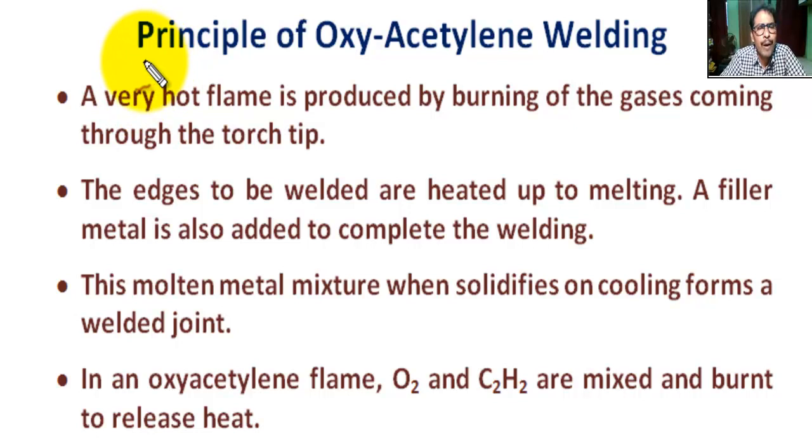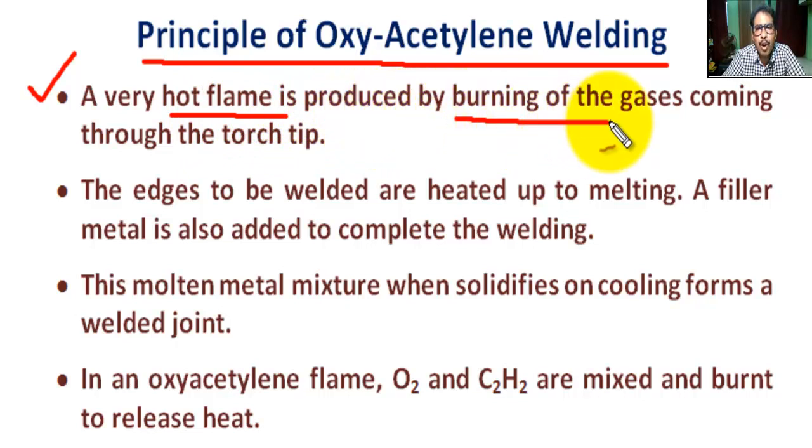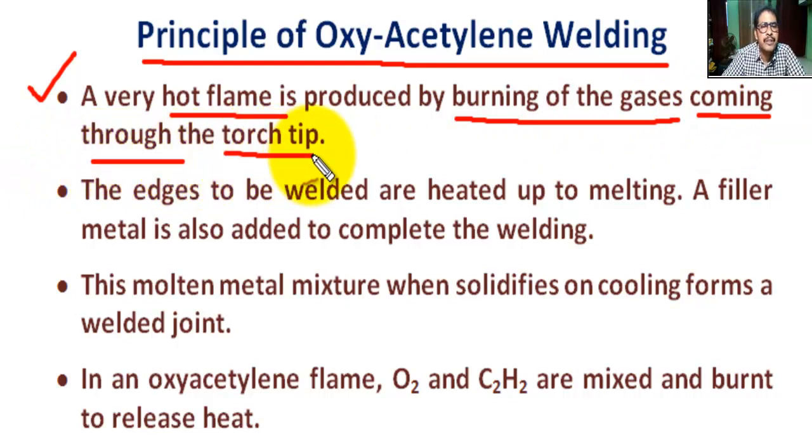Now, what is the principle of oxyacetylene gas welding? A very hot flame is produced by burning of the gases, oxygen and acetylene, coming through the torch tip.